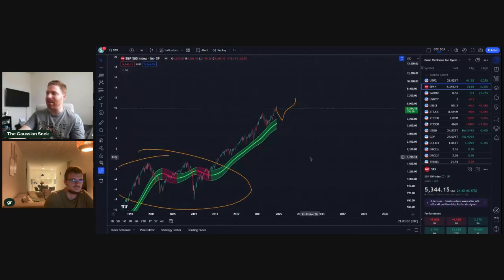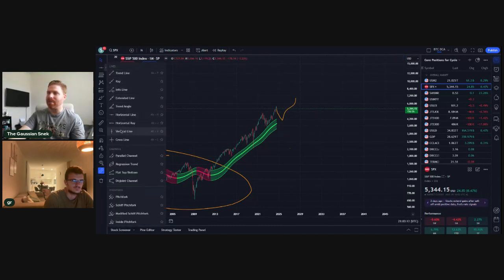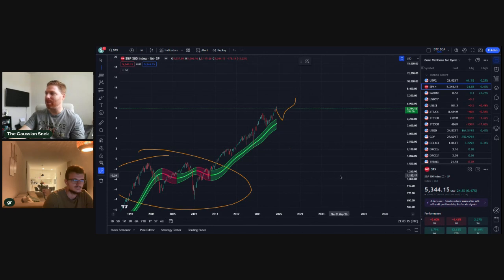So if that pattern were to repeat, it would suggest that another major recession event is not really likely. And when I say major, I mean like a 50% drop. It's not really likely to happen maybe until sometime in the 2030s.